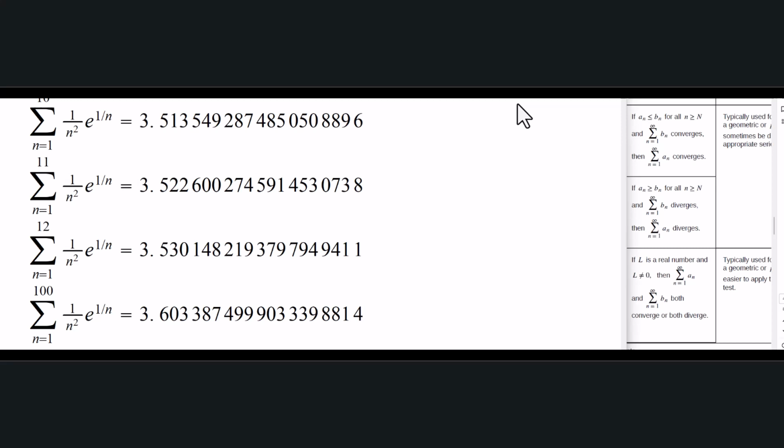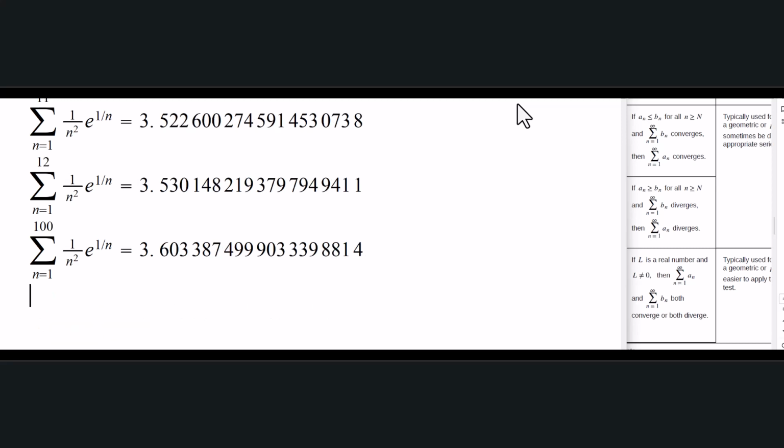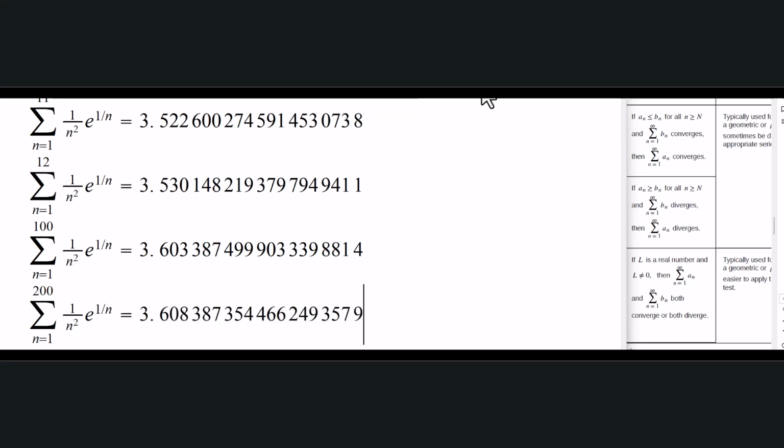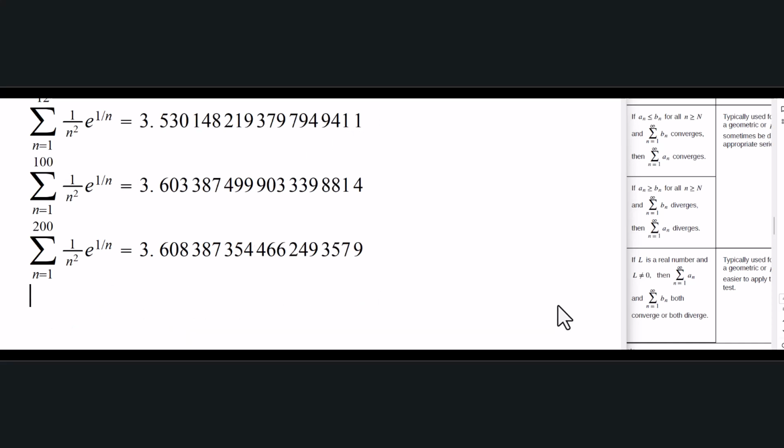And you can use the sum sequence feature in your calculator, or in Desmos, and get this sum. So say we got up to 100 terms, and then let's go straight to 200 terms and see how it changes here. Okay, so it is still changing quite a bit.